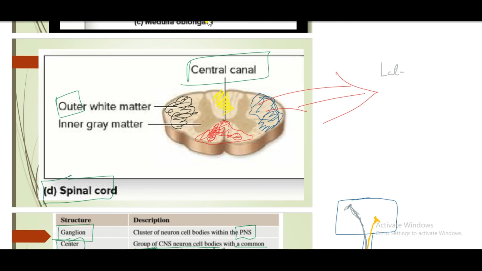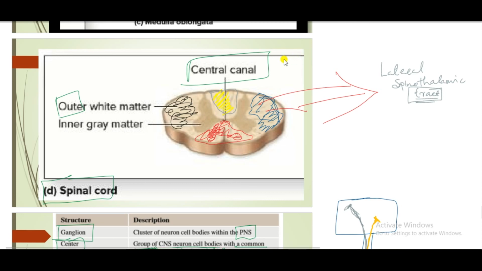You can see this is white matter and it contains different types of tracts. For example, from the lateral funiculus, the lateral spinothalamic tract. So I already said that it is a group of neuronal axons, and it has a common origin and common ending, and it transmits the impulse from the spine to the thalamus.